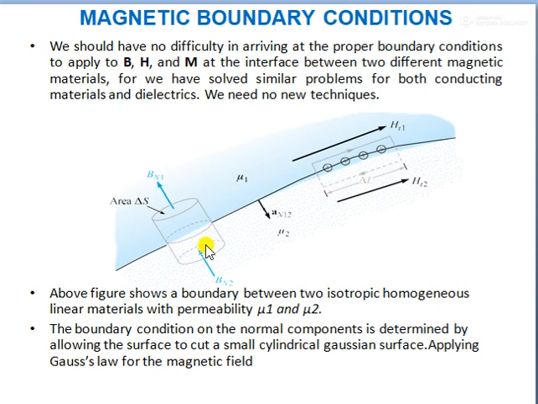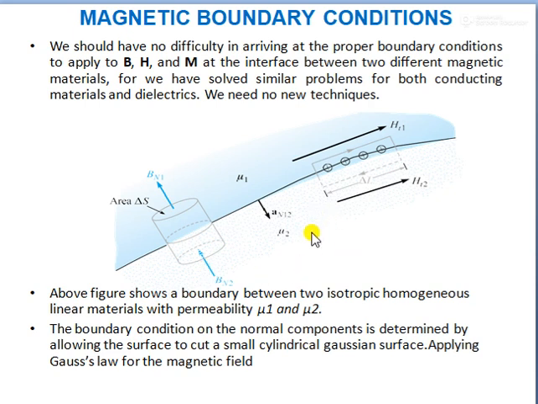So as the surfaces are very small, let the magnitude of the normal component of B be Bn1 for the top surface and Bn2 for the bottom surface. So we can assume that Bn1 and Bn2 are constant over their surfaces.